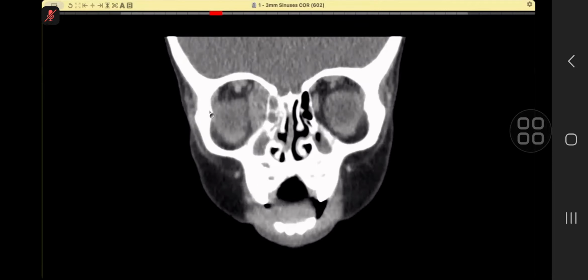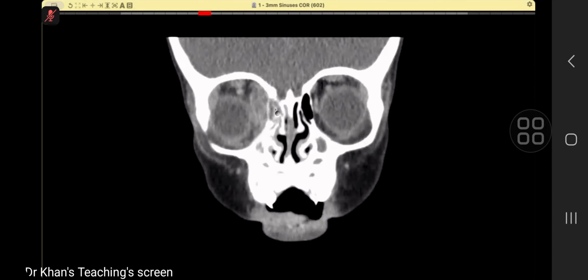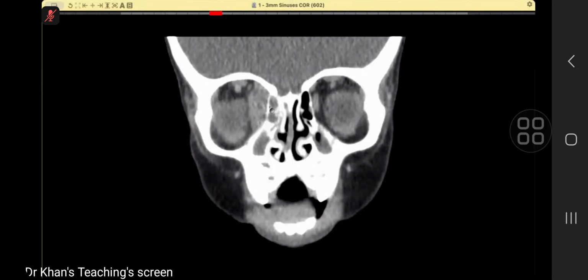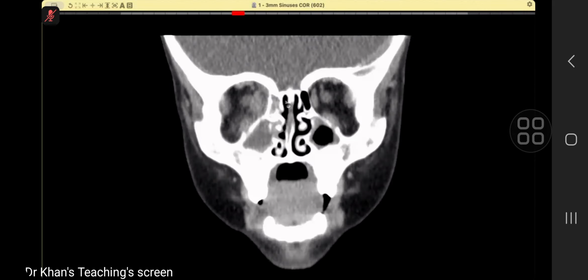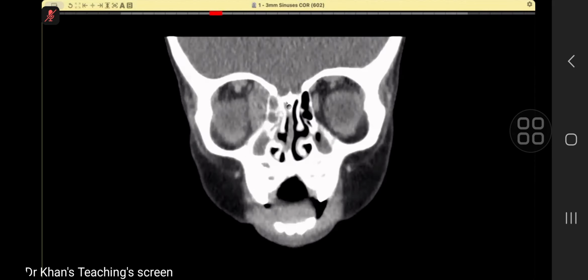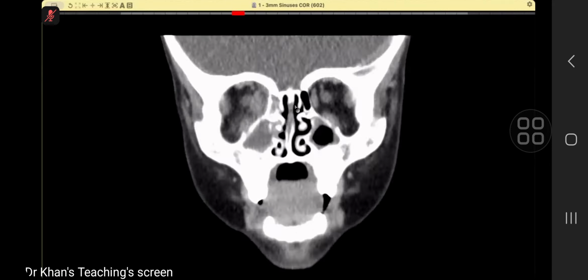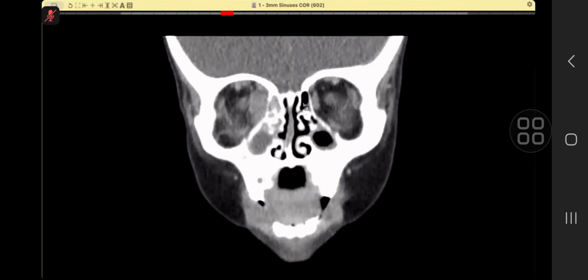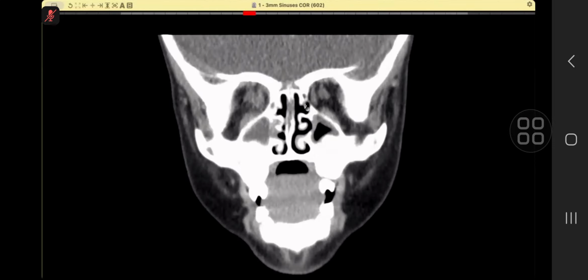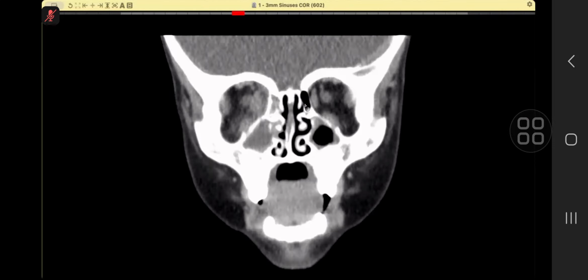Of course, this is the same thing on coronal, and we can see some small locules, as if there is a bit of necrosis sitting here, and this is that abscess part. It's an absolute emergency, and these types of patients, if you are in a center where they do it, they might do surgery. They might not wait because of optic nerve compression and things like that.